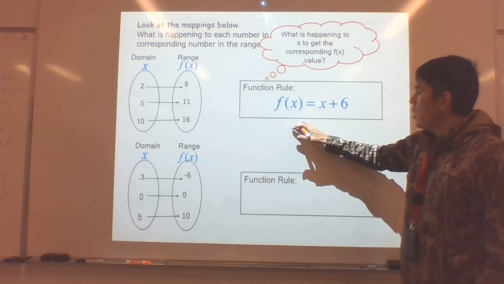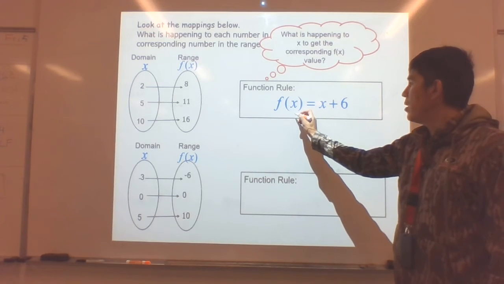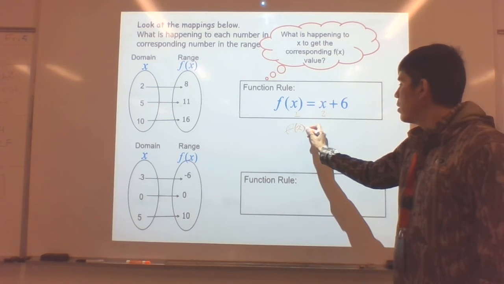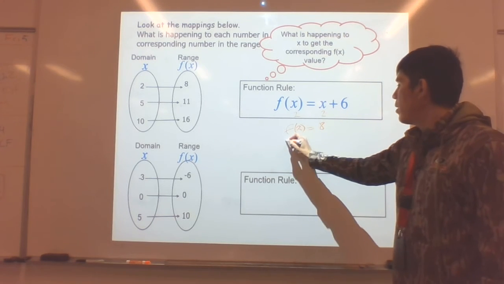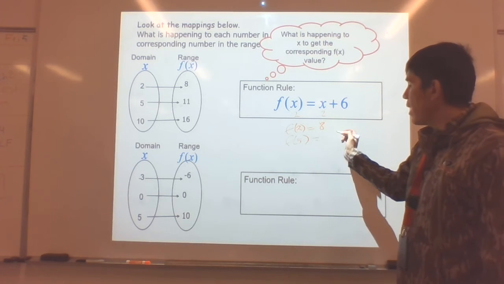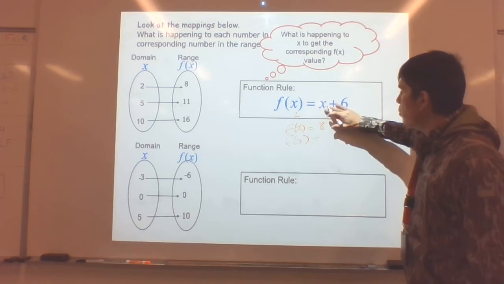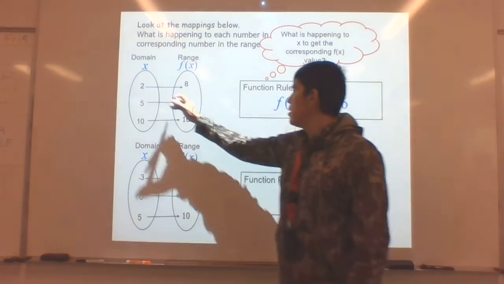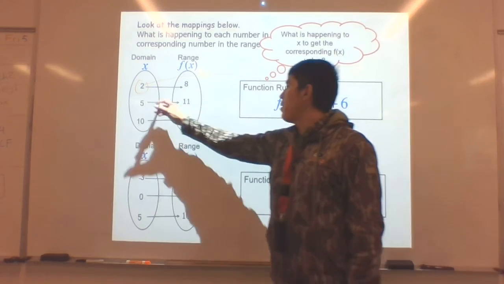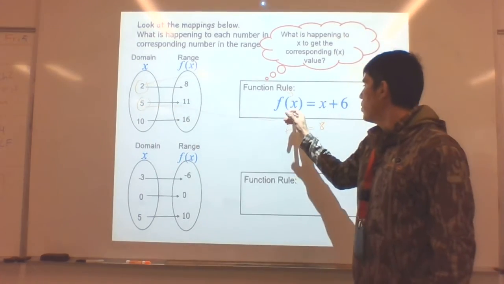If we put in a 2 here, f of 2 equals 8. If I put in f of 5, I get out 11. And the reason why is because I am replacing my x value with this value.